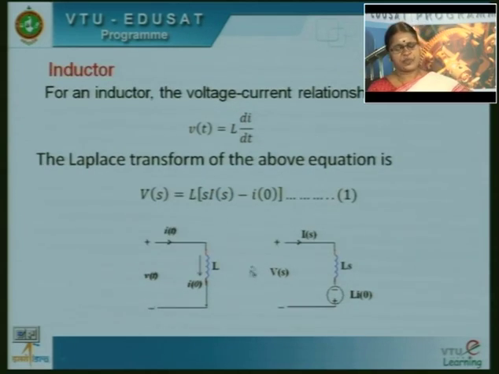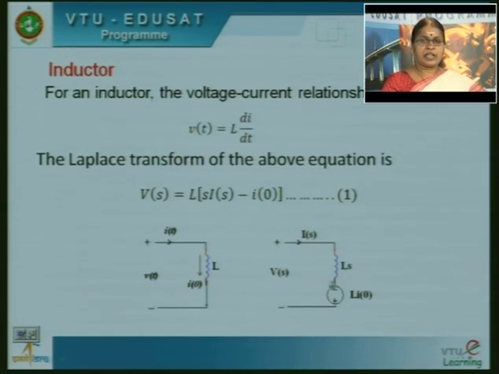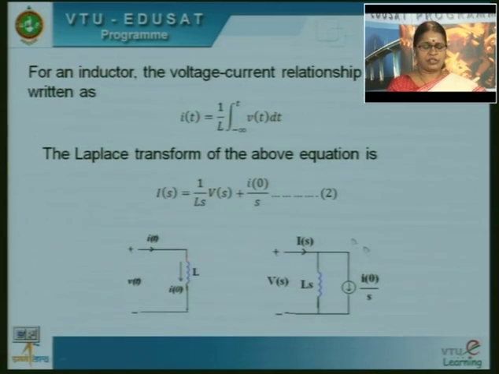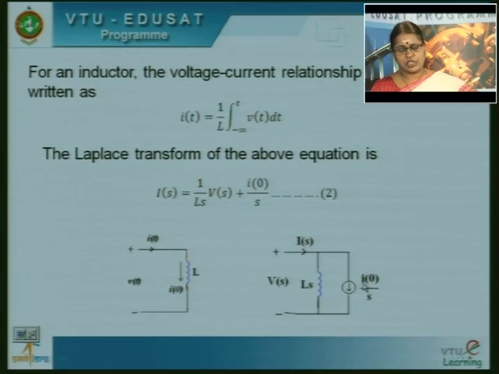One is an element having impedance Ls in series with a voltage source whose value is L into I naught. The other is a parallel equivalent circuit, with an element of impedance Ls in parallel with a current source of value I of 0 by s. So, the inductive circuit can be transformed either into an impedance in series with a voltage source or an impedance in parallel with a current source.